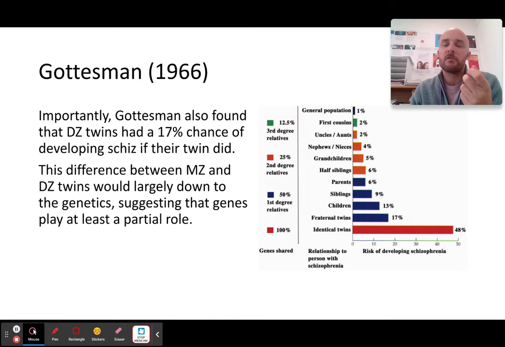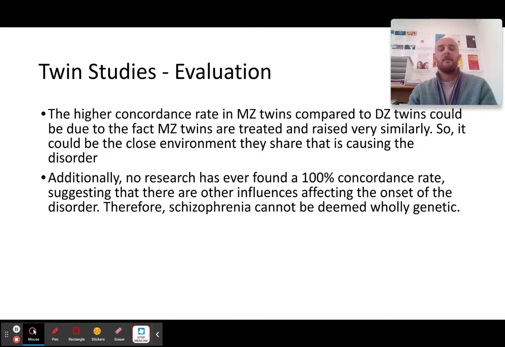It's close to a majority, but it's not even a majority. So the fact that no research has ever found a 100% concordance rate means that there must be other influences, and thus schizophrenia is only partially caused by genetics. It's not the whole explanation.